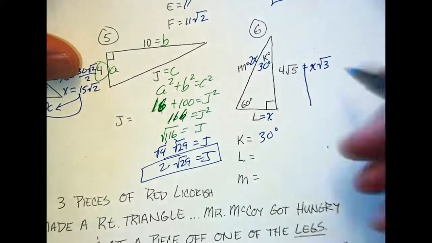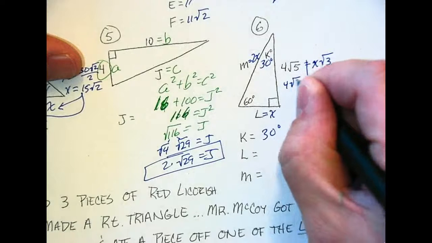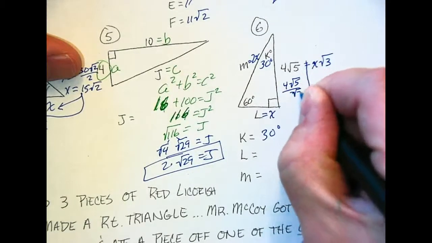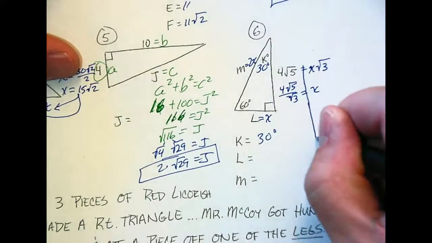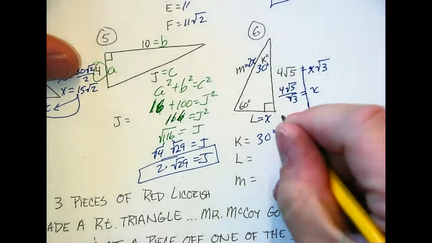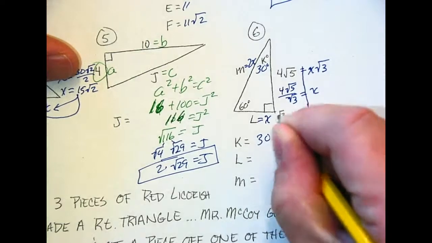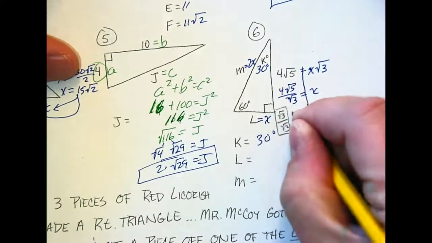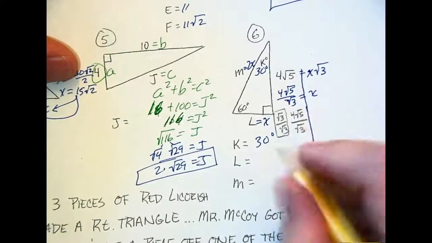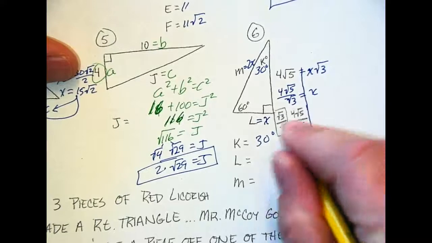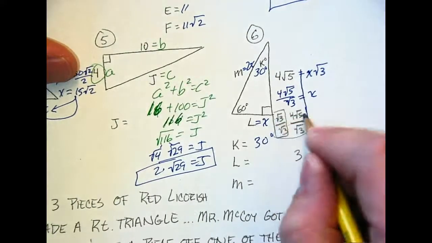So we've got to divide by root 3, right? So we end up now with 4 root 5 over root 3 equals x. Can't have a root in the denominator. So we multiply by the special number 1, which is root 3 over root 3. So 4 root 5 times root 3, and then root 3 times root 3, which is 3. 4 root 5 times root 3 is 4 root 15.